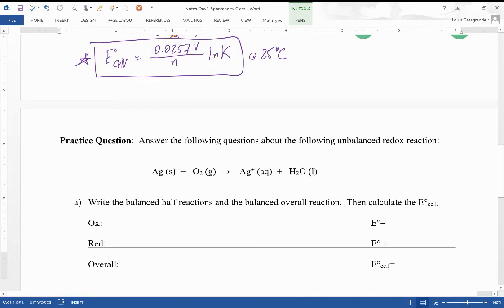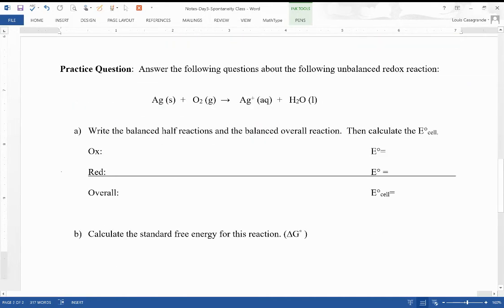So let's put that equation to use in a practical practice question. And we're going to look at a reaction in which we have silver being oxidized from silver to silver plus, and the oxygen is going to be reduced from oxygen 0 to a -2 in the water.